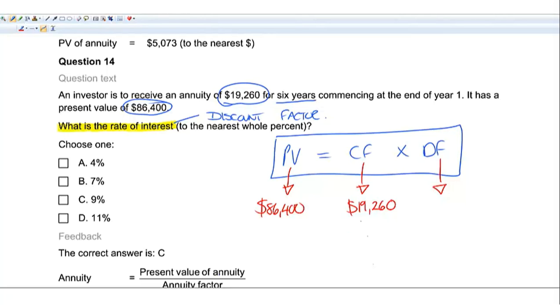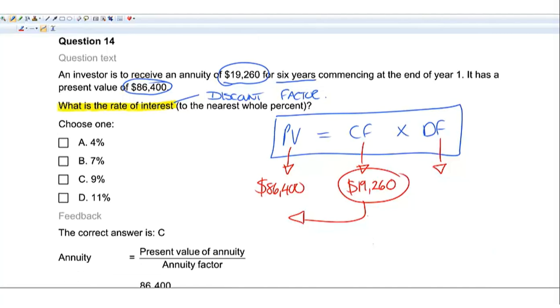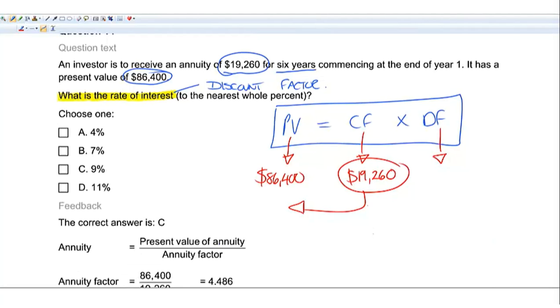So we can rearrange the information: I want to take the cash flow and bring it over to the other side, or if you like, divide both sides by 19,260, and that will enable me to identify what discount factor has been used.